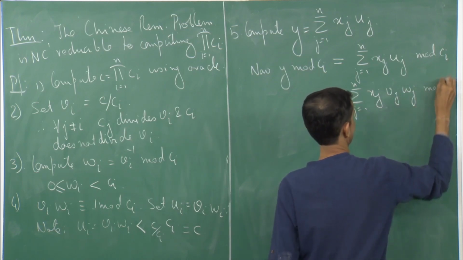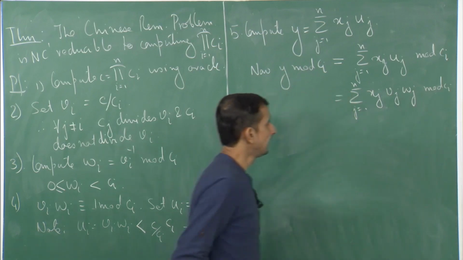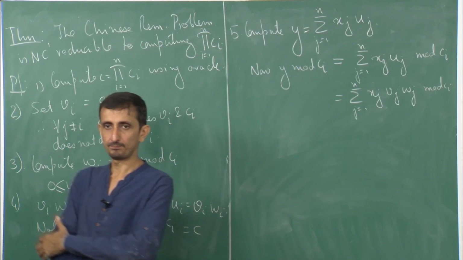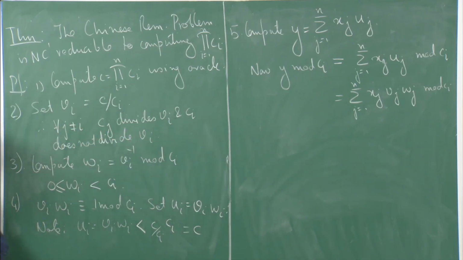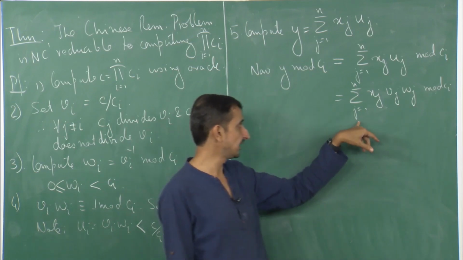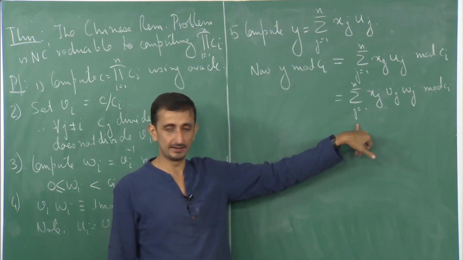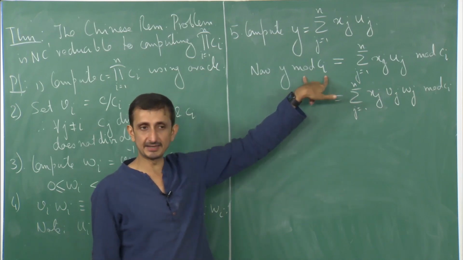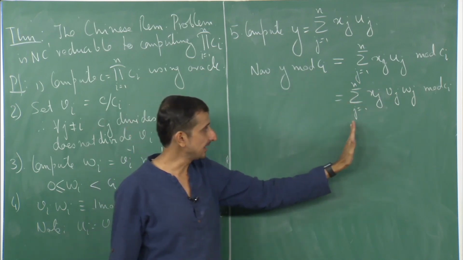Vj Wj mod Ci. Now what can you say about this sum? What are all the terms? Here I have purposefully used a different index j because i is the one with respect to which I am taking the modulus, and I have all these terms.